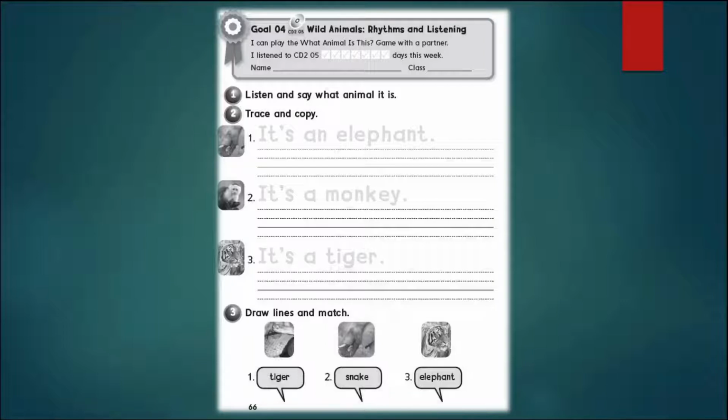For example, the first sentence is it's an elephant, it's a monkey, it's a tiger. Okay, then we have to match these words with their picture. So the first one is tiger. So where is the tiger? This is the tiger. Okay, number two is snake, so we have to match it with a snake. And the last one is elephant, so this is the picture of an elephant.